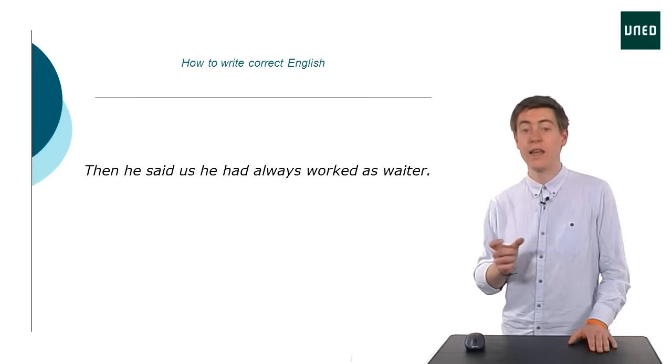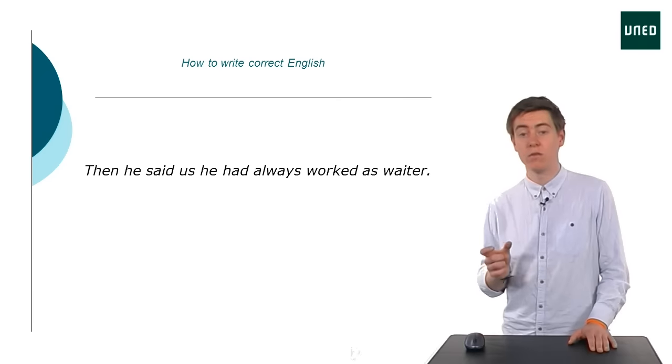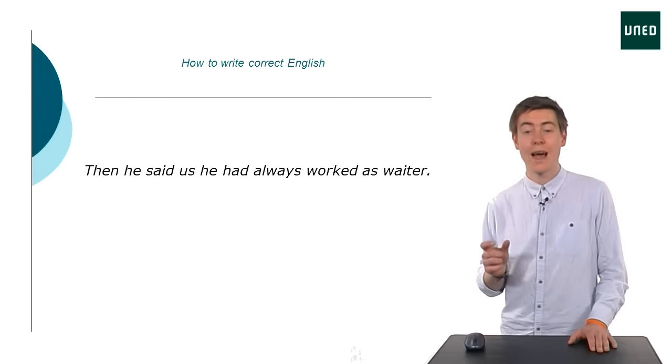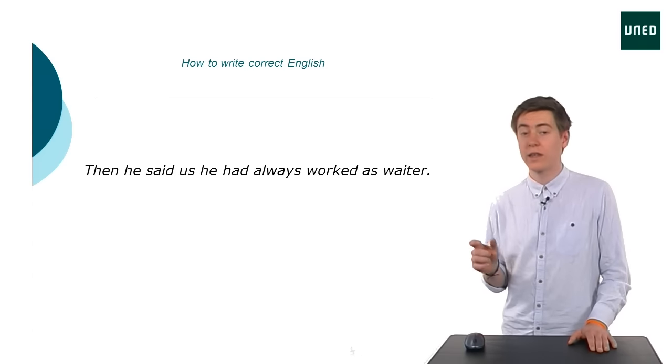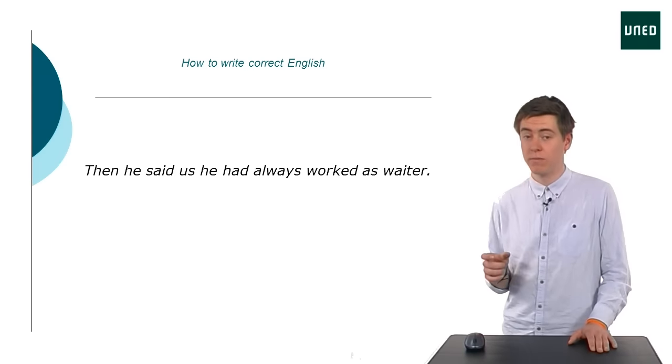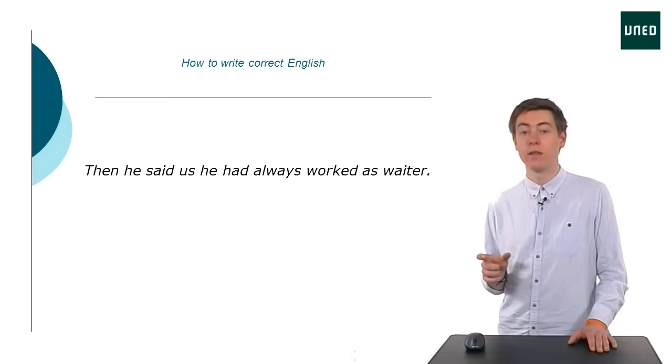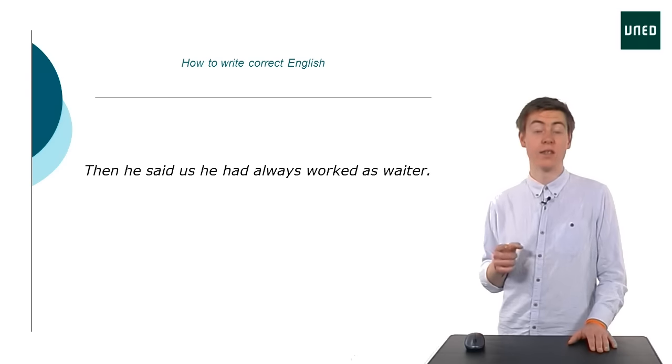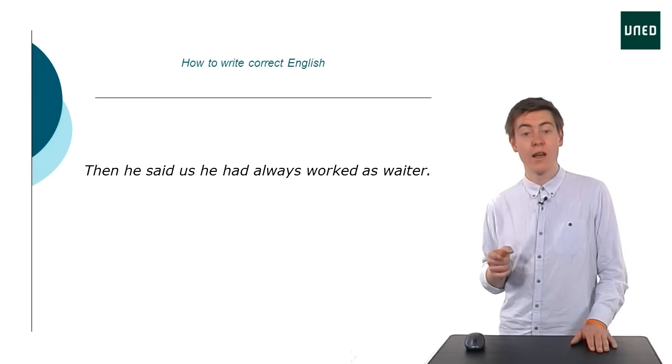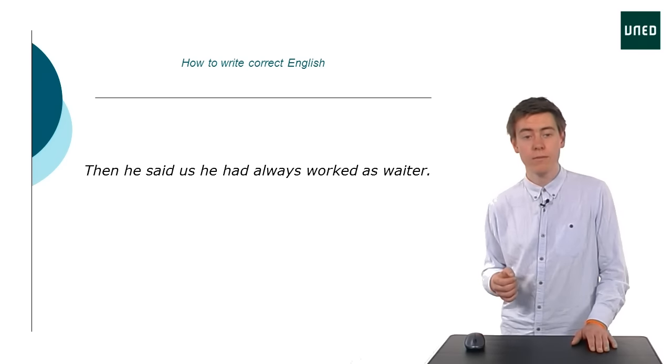Then he, he said, said us, us he, he had, had always, always worked, worked as, and as waiter. That's 9 pairs. Notice that most of the words form part of 2 pairs. He is the second word in then he, and the first word in he said, for example.